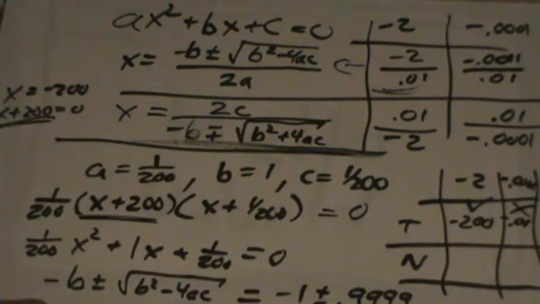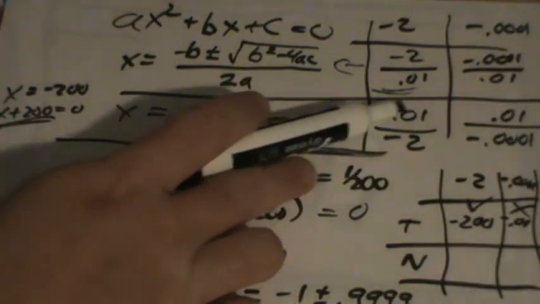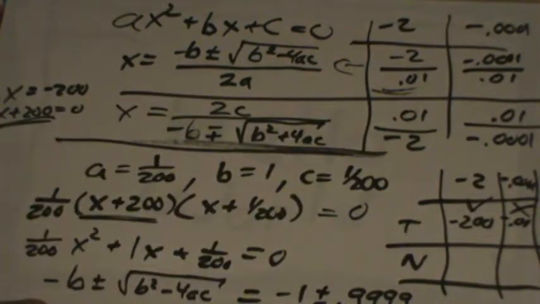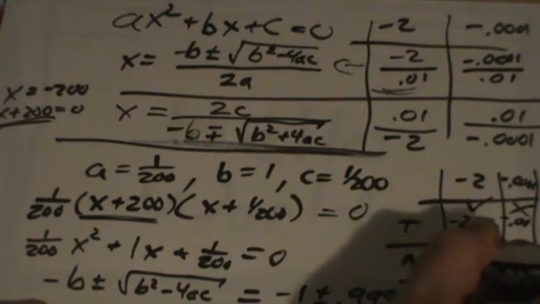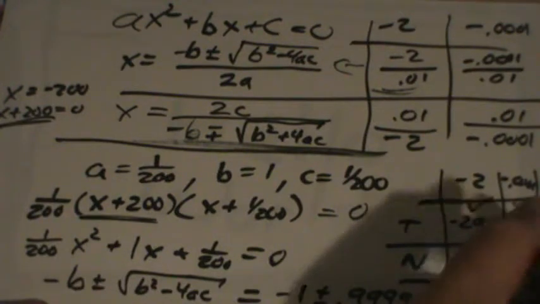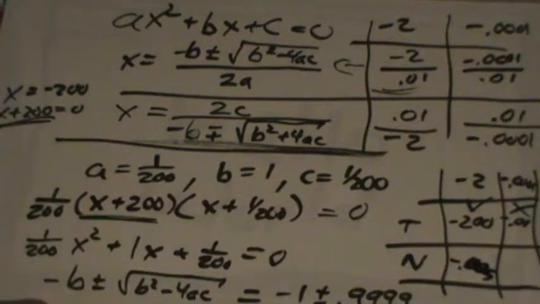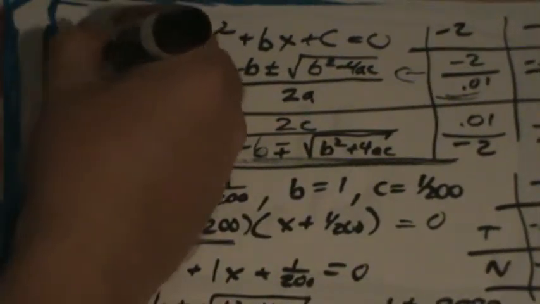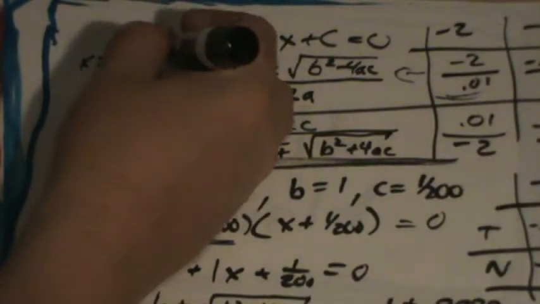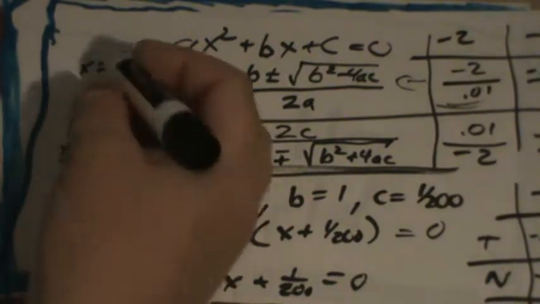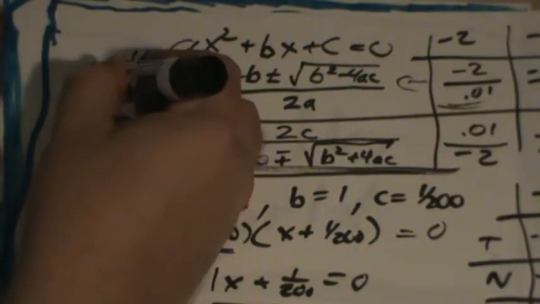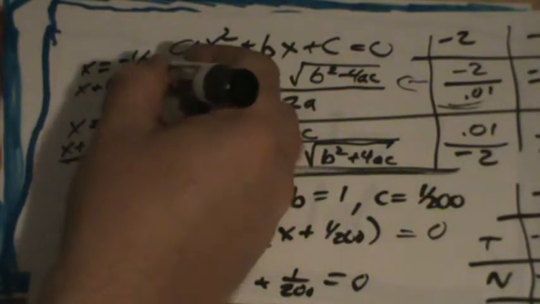Let's take a look at our new formulas. I've got 100th divided by minus 2. That's minus 0.005, or minus a 200th. X equals minus 1/200th means take it to the other side: x plus 1/200th equals 0.